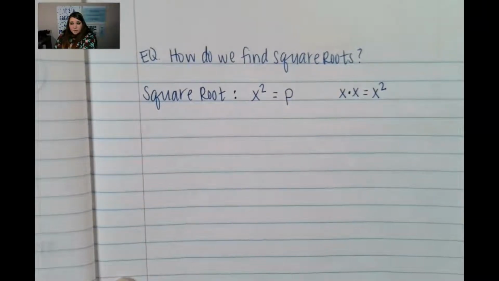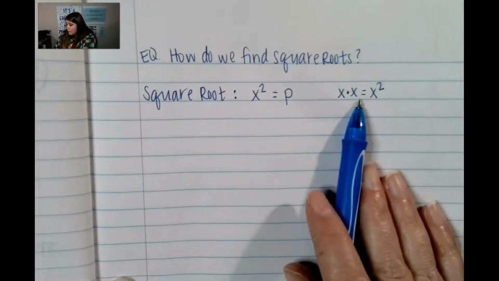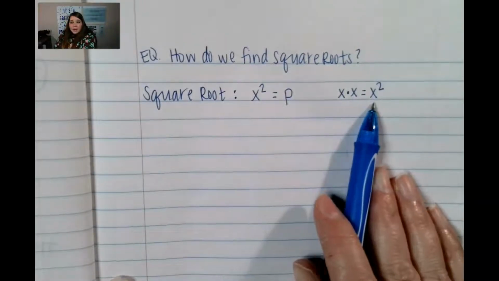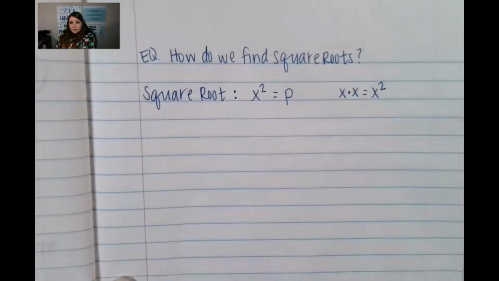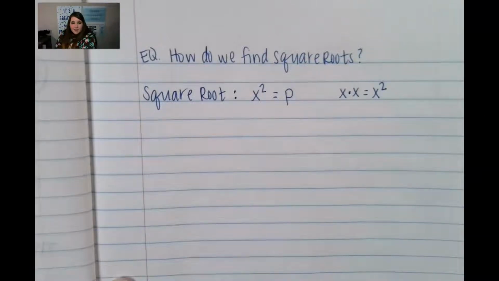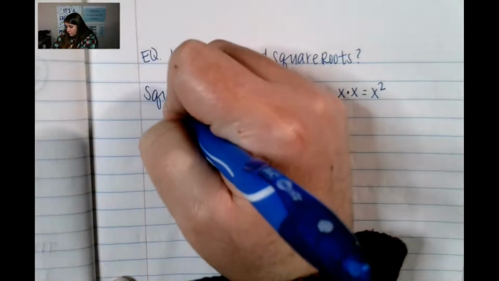Okay, so when we have the square root of a number, we're actually looking at what made up that x squared. So every positive number is made up of a negative and a positive. Okay, so it's a negative and a positive.